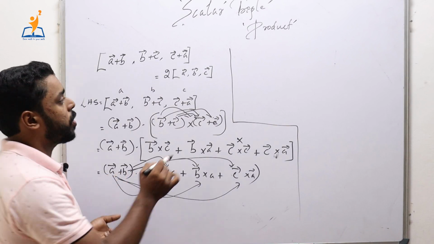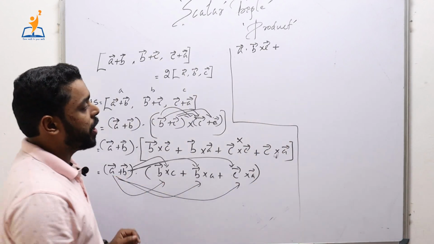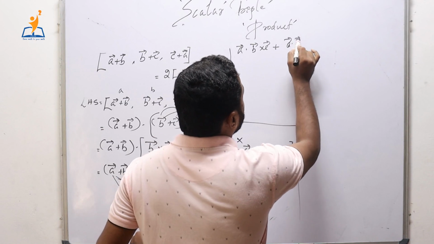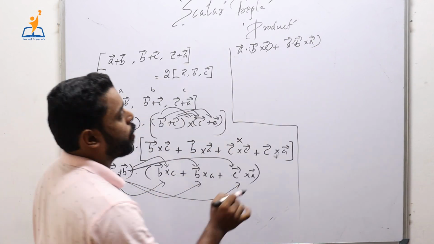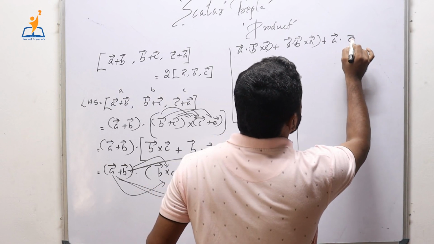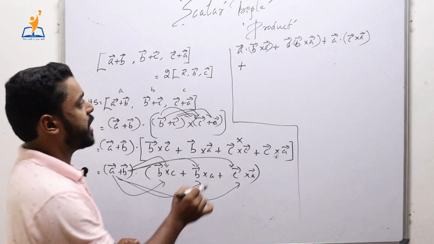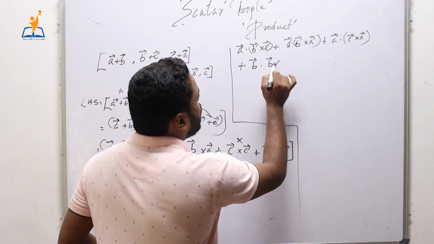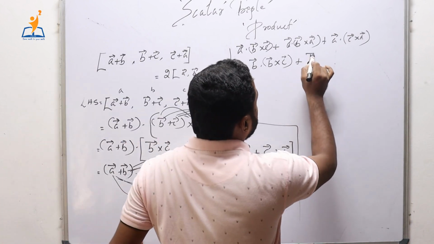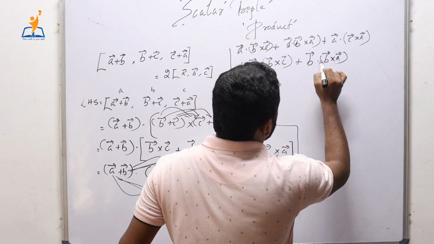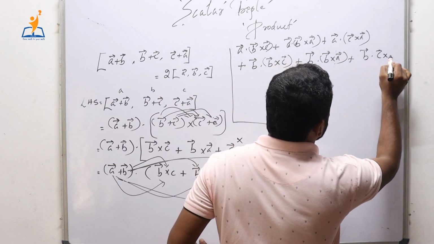First of all, A dot B cross C, plus A dot B cross A, plus A dot C cross A, plus B dot B cross C, plus B dot B cross A, plus the last one, B dot C cross A.